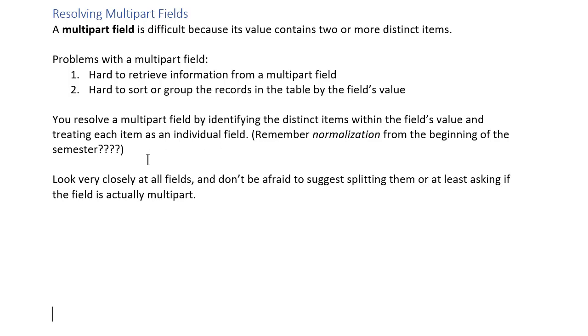The way you resolve that is that you have to treat each part as its own separate field. That becomes a problem later on, because what happens if most of your records only have 2 parts, but occasionally you have something that might have 5 or 6 parts?